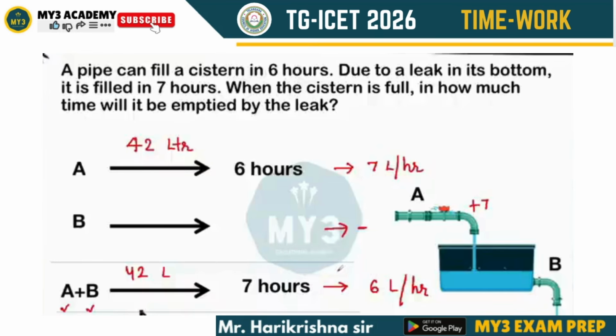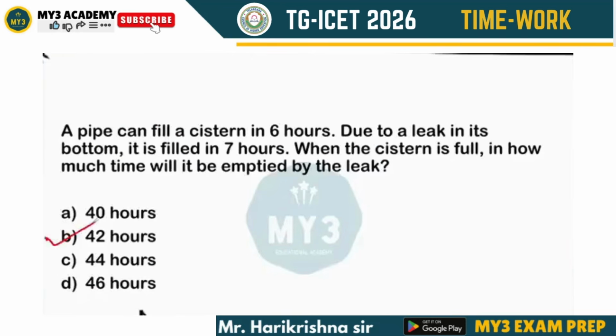When it is an outlet or emptying pipe, you take a negative sign for the efficiency. So 7 minus something is 6. That means pipe B can leak 1 liter in every 1 hour. To leak the entire 42 liters, it will take 42 hours. Mark the answer choice as 42 hours.